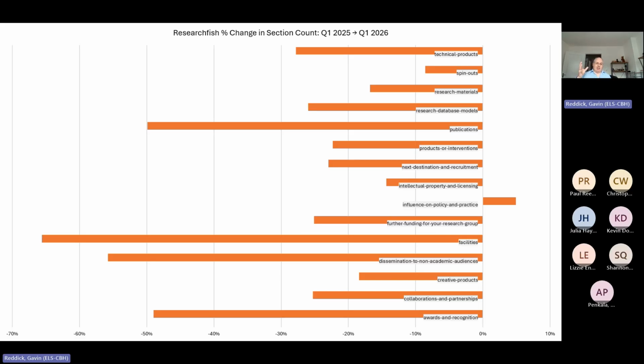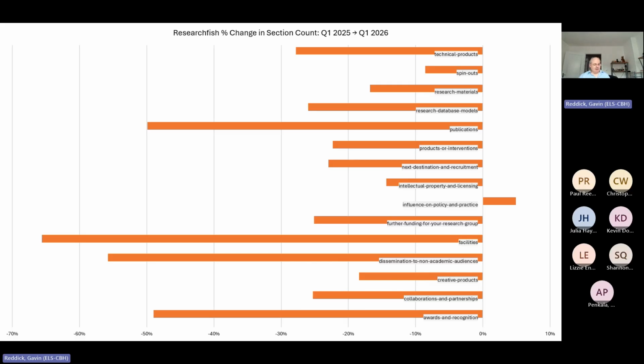So we think this is ops in action based on what we know. There's a little bit more detail that needs to be dug into to help with that. You can see a reduction in the overall number of outcomes reported across the other sections. And again, some of these also have ops applied to them as well. But you can see the influence on policy, a year-on-year percentage increase.